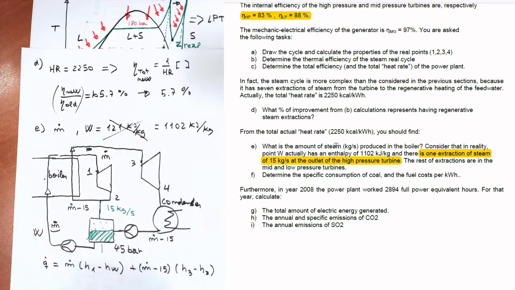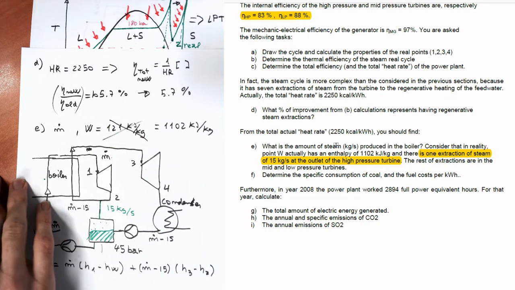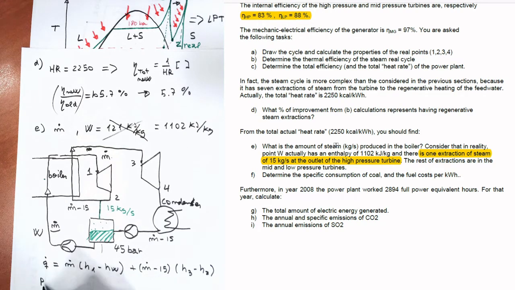Now, but we can do some other calculation from the other side. Let's look at the combustion. We know the electrical power is equal 160 megawatts. Electrical power is the combustion of the coal multiplied by the efficiency of the boiler.